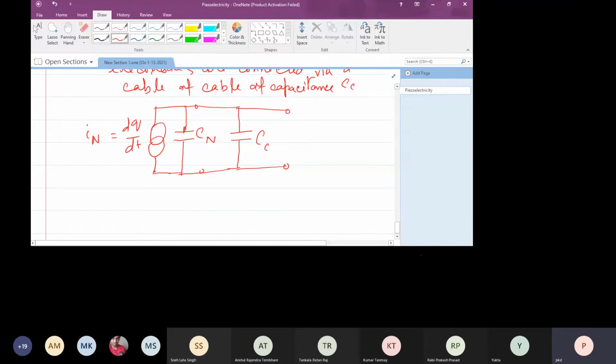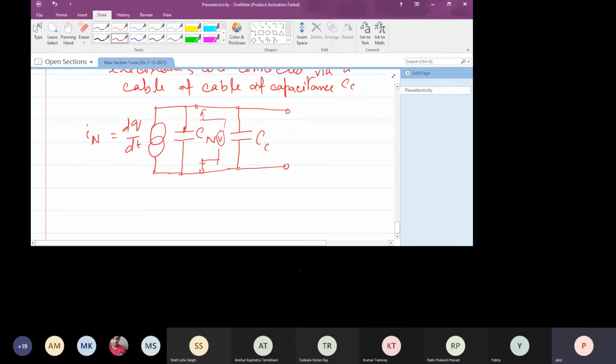If we neglect this cable capacitance and connect an ideal voltmeter at these two points, obviously we will get whatever the charge is there.